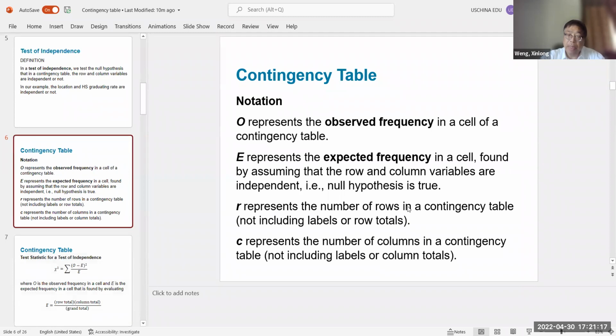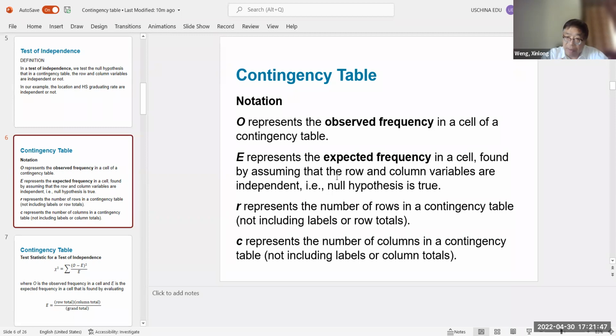To test, here's a bunch of symbols. O represents the observed frequency, how many we really have in the sample. E represents the expected frequency. Some of you may say, what do you mean, expected frequency? I will talk more in detail.